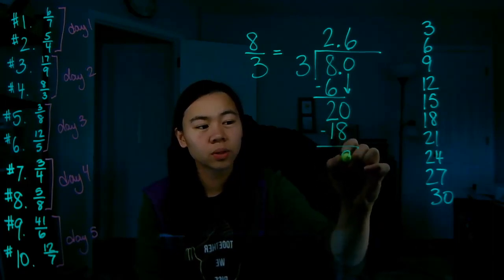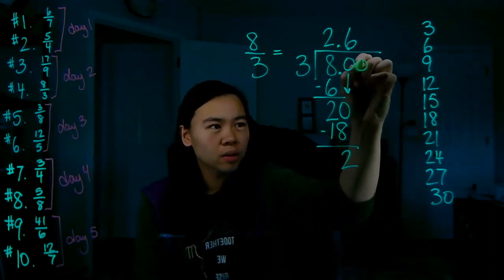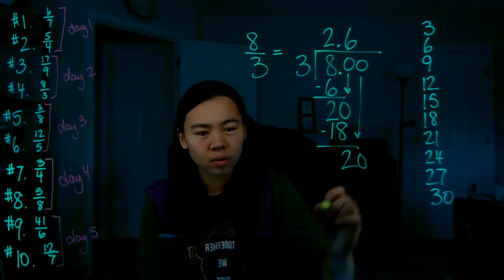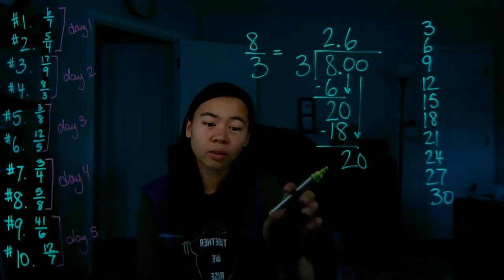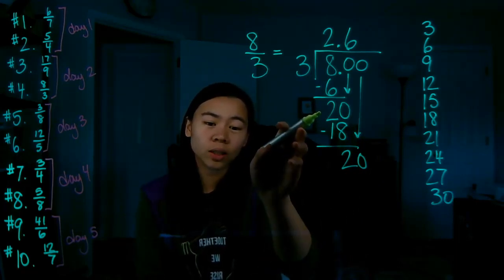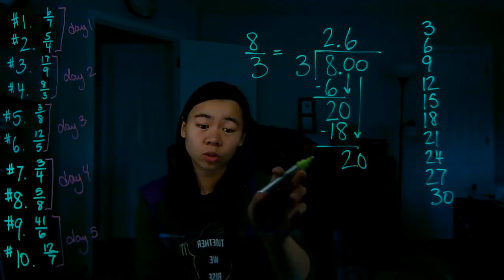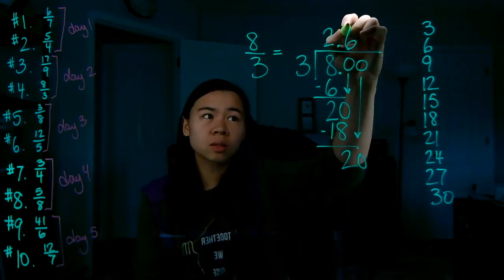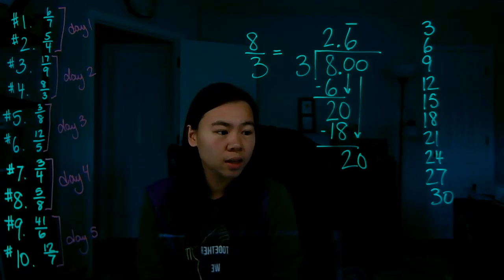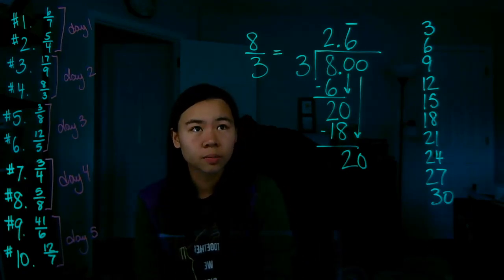Subtract our 18 and we get 2, which means we have another decimal that is going to repeat. See that 20? We just did how many times can 3 go into 20, and you know it's 6 times. So this is another fraction where you see it's going to go on forever. In fact, it repeats. So 8 thirds as a decimal is 2.6 repeating.